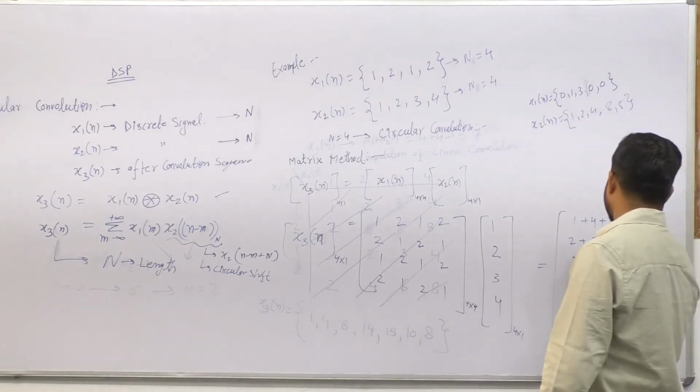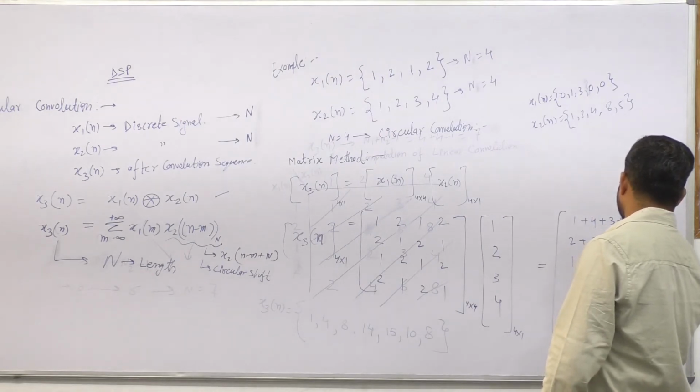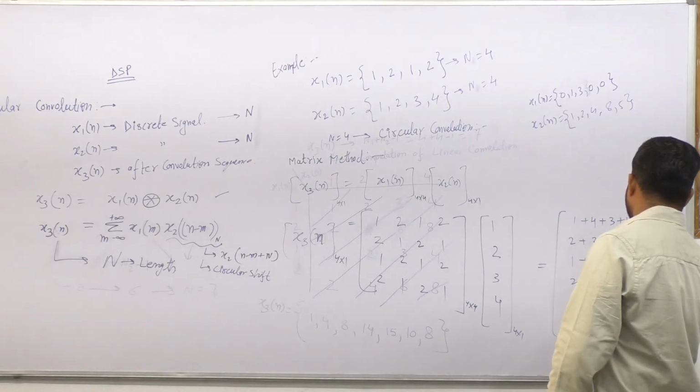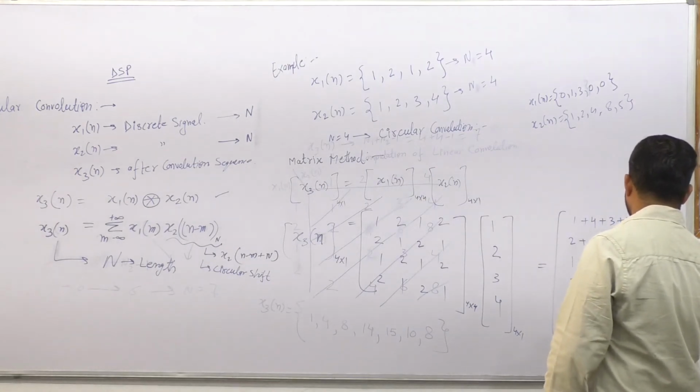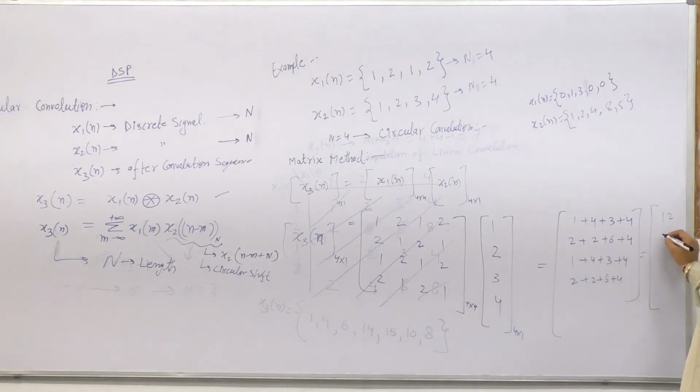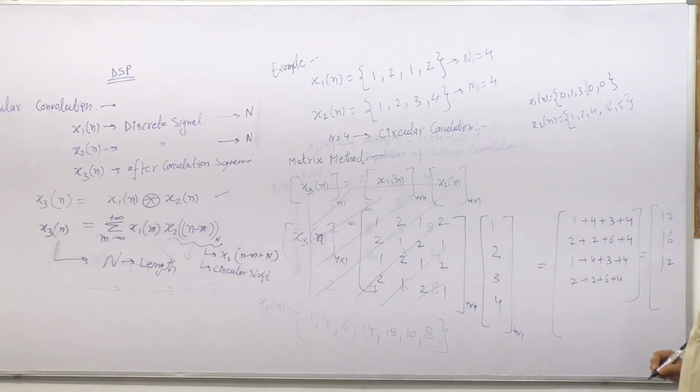And then similarly this 0.1 plus 4 plus 3 plus 4, and 2 plus 6 plus 4. So 4 points are coming. Now add them and give the values. Whatever value we are getting, if we add them, this is 12, another is 2 2 6 6, 6 12 16, and then next we are having 4 3 7 7 5 12, and the next part we are having is 6 14.